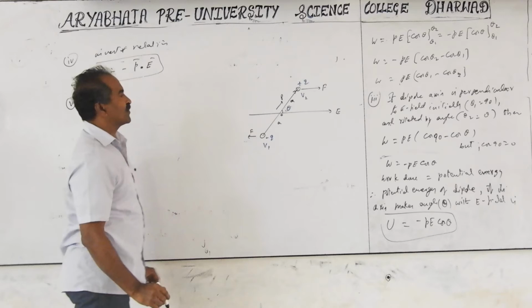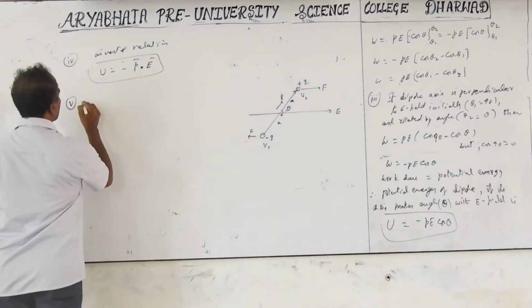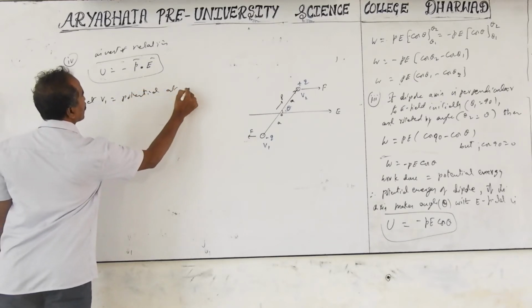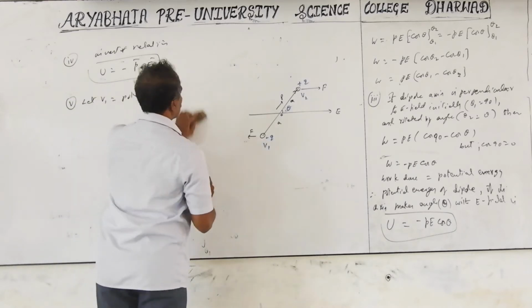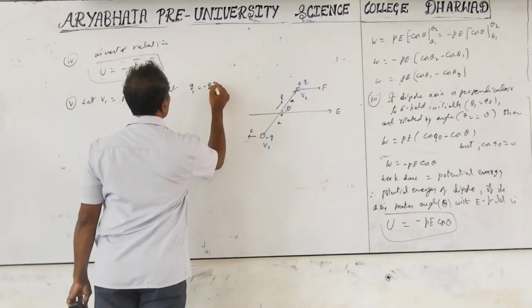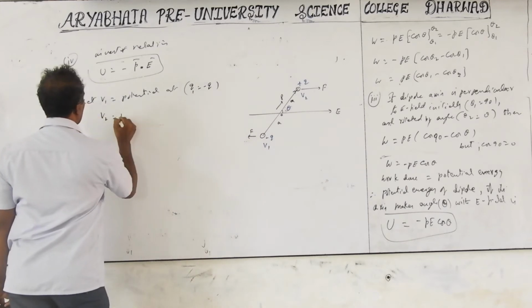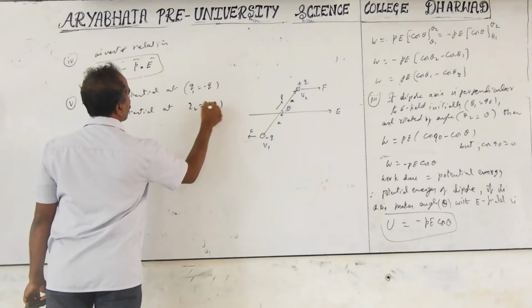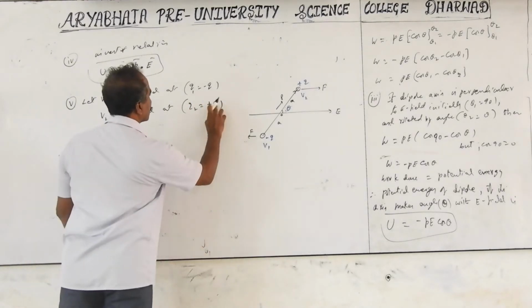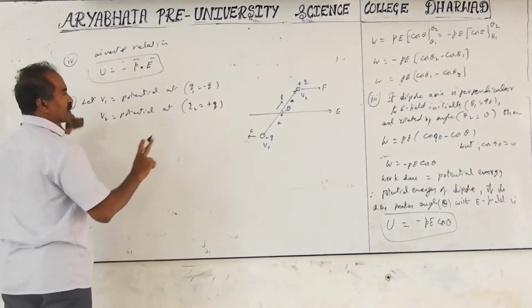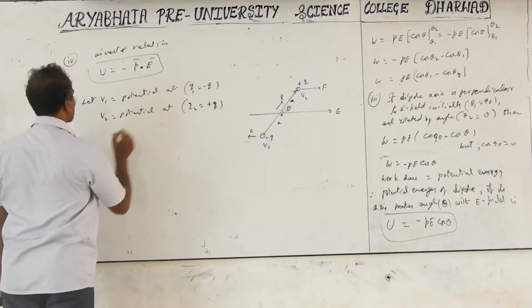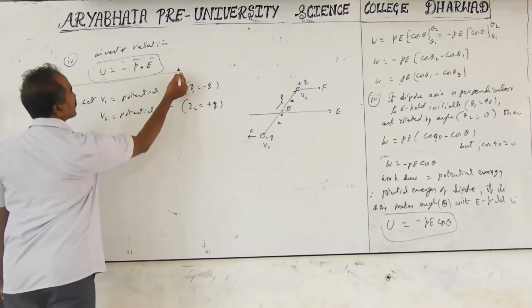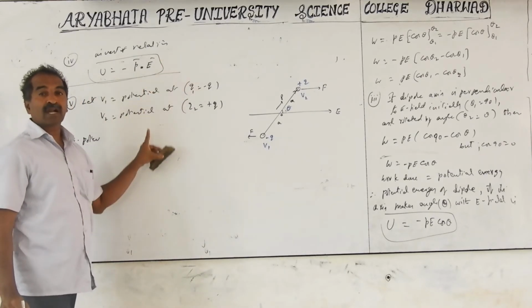Then the potential energy of the dipole we can take as, let V1 be the potential at minus Q, meaning Q1 equal to minus Q, and V2 the potential at Q2 equal to plus Q. Then the potential energy formula is mutual potential energy plus potential due to the charges. This is the other way of this; the earlier one was in terms of angle theta.